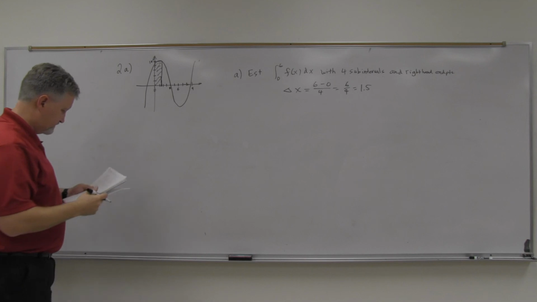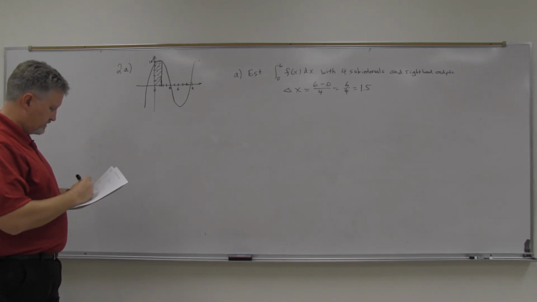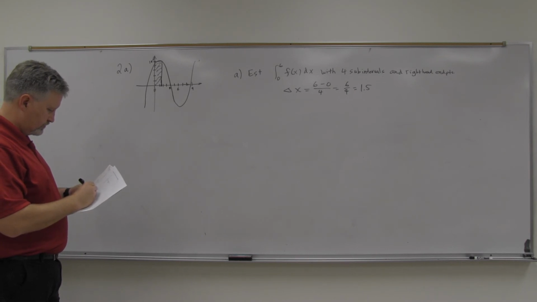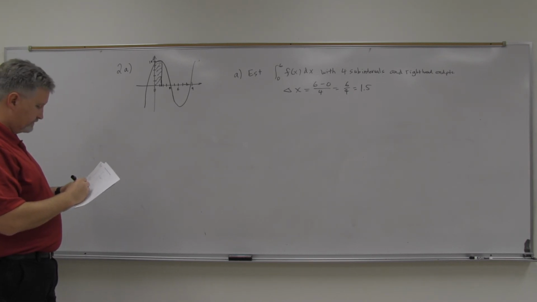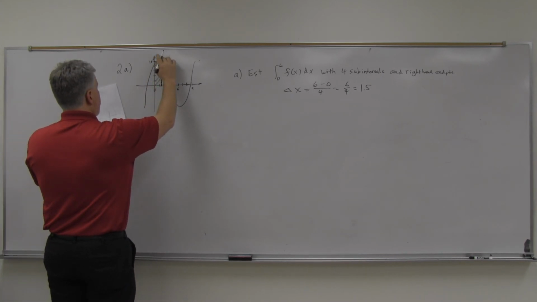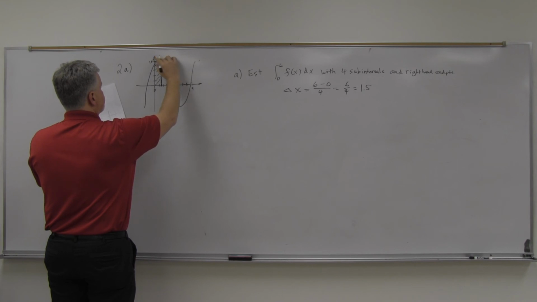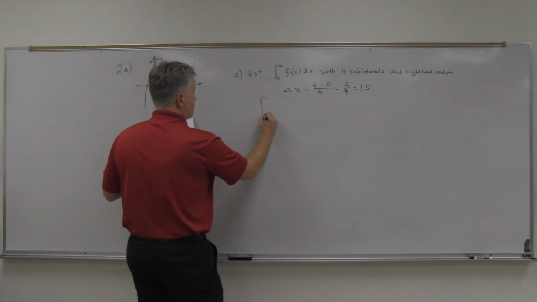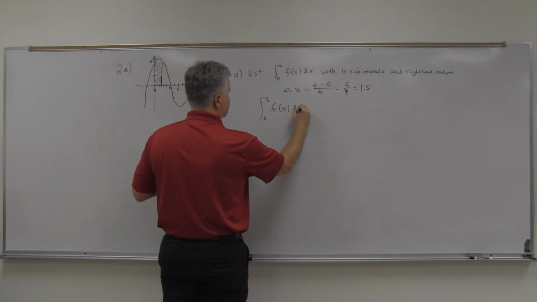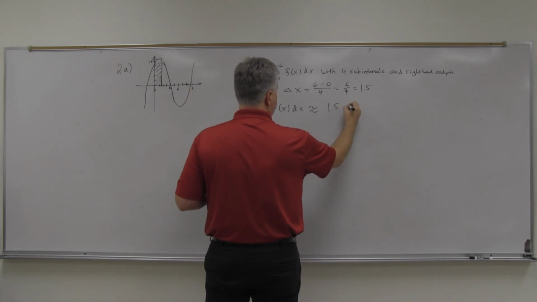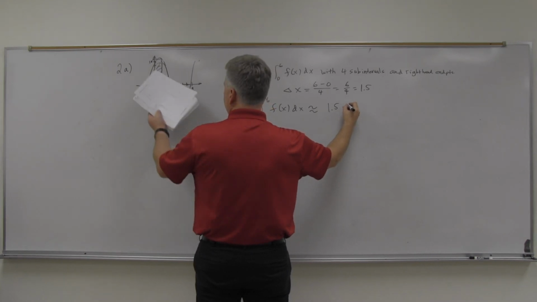Mine's a little bit off. This should be a little bit higher, around about 11, I think. So the integral from 0 to 6 of f of x dx is approximately equal to 1.5 is the width, and then the height is about 11.